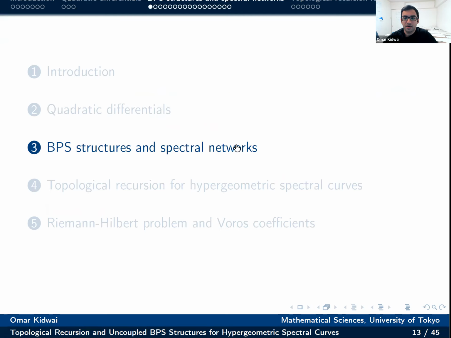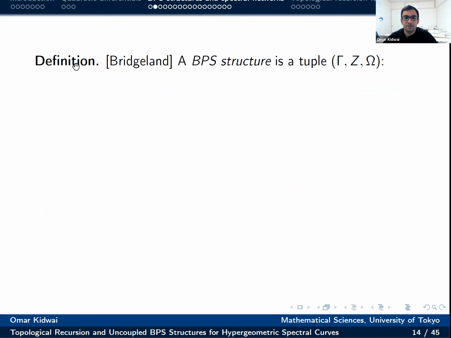Okay, now I want to do something with these things, but let me first tell you what a BPS structure is. Basically, this formalizes the structures that were found in many places describing DT invariants or the physics of 4-dimensional quantum field theories. It's a tuple of 3 things.